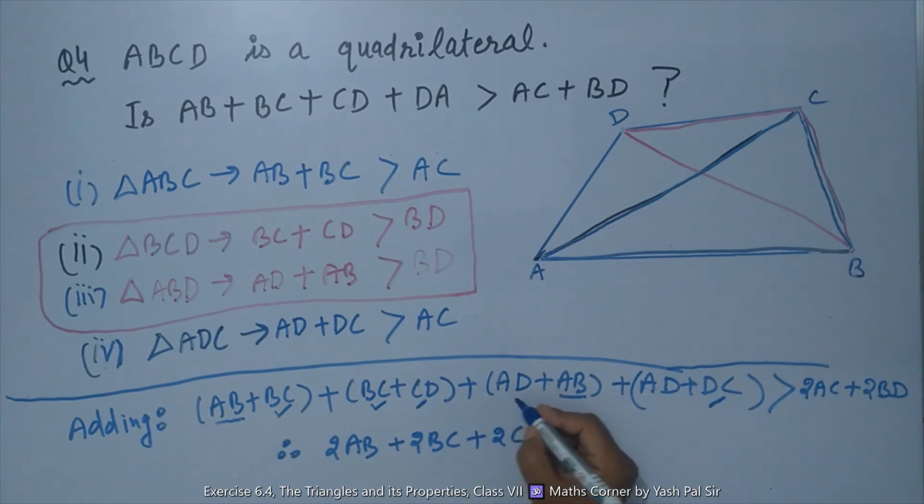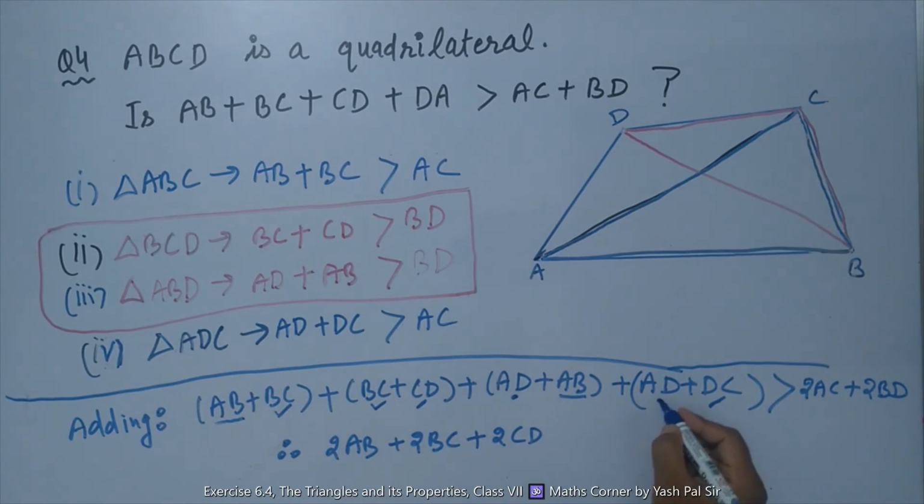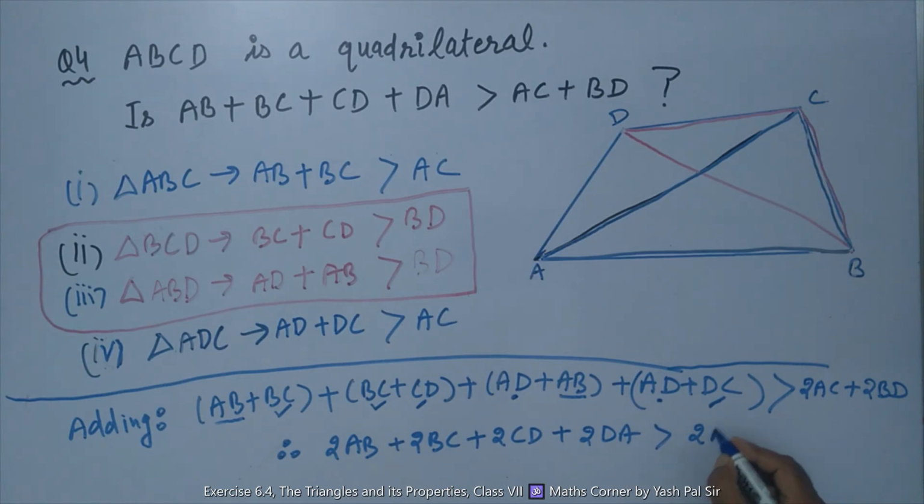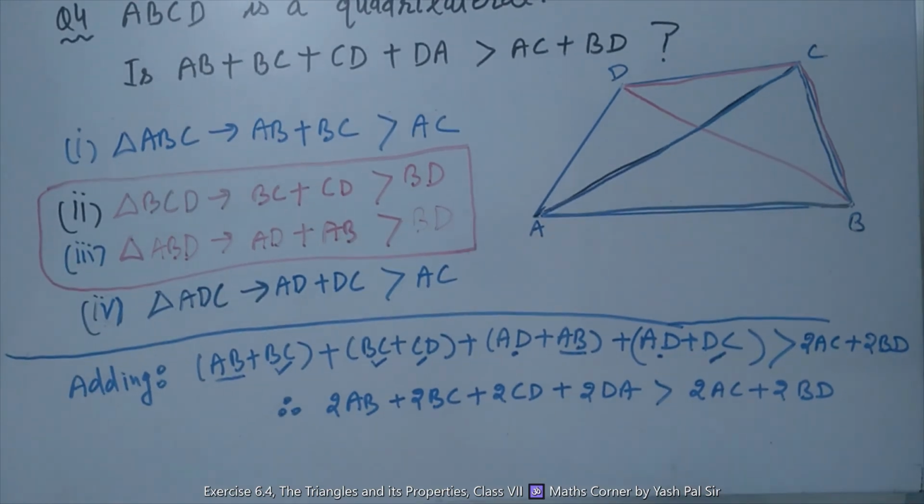Last one is AD or DA. This is DA. This is also DA. So 2 times DA. DA or AD, that is the same. The right side is greater than 2AC plus 2BD.